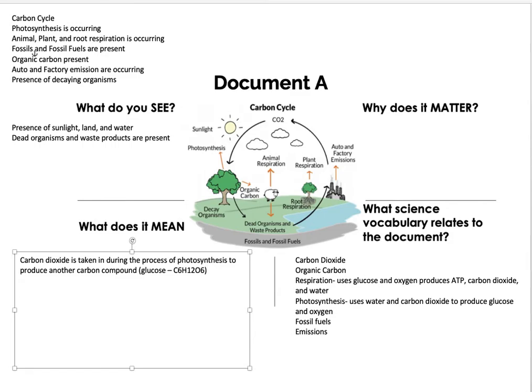Okay, so glucose is taken in during animal, plant, and root respiration to produce ATP, adenosine triphosphate.